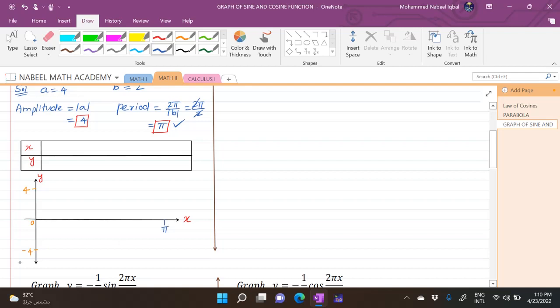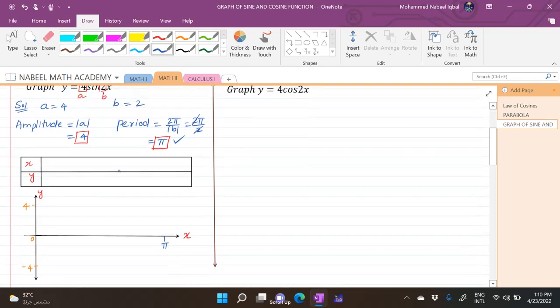We will follow the same technique for all the problems. After writing the full period, you divide by 2 and you will have pi over 2. I divide by 2 again and you will get pi over 4. For all the problems I will go with the same rule: the full period, divide by 2, again divide by 2. After that, multiply the first term by 3, so you will have 3 pi over 4.